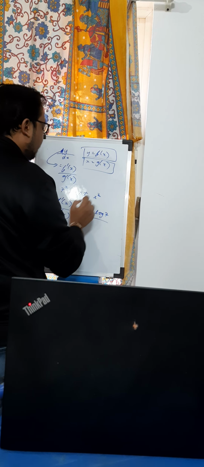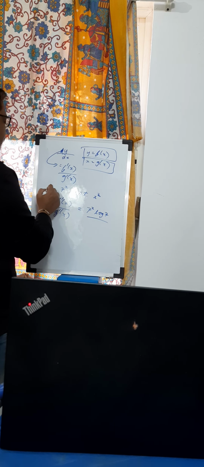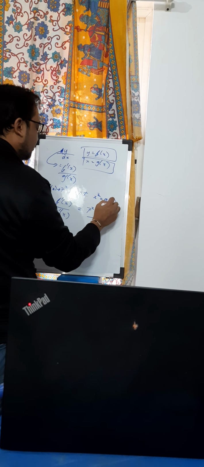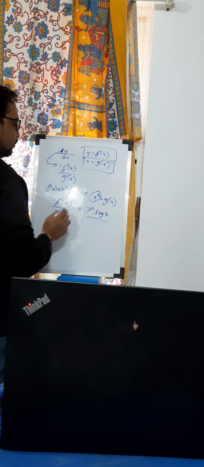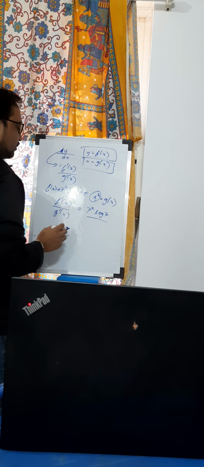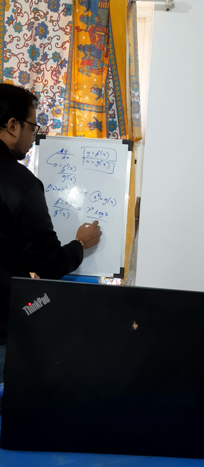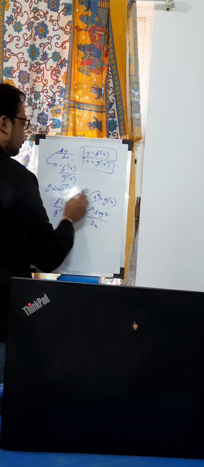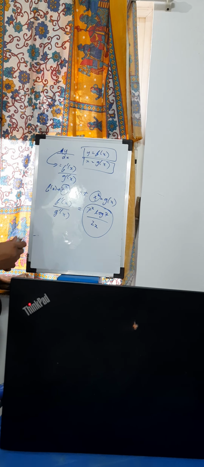And g dash x is, this is x square, so it is 2x. So if you want to differentiate 7 raised to x with respect to x square, this is the answer we get.